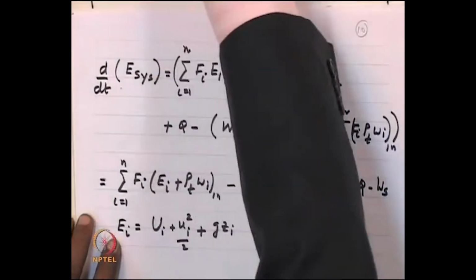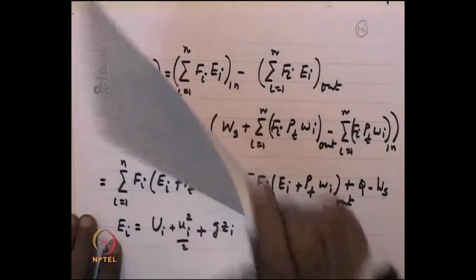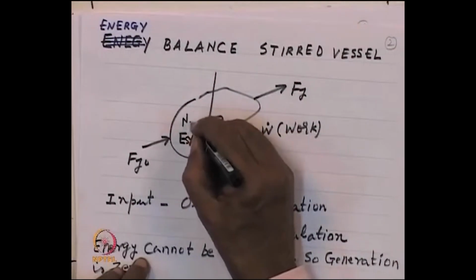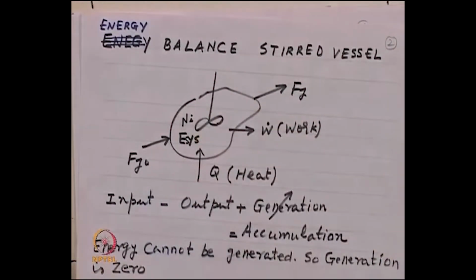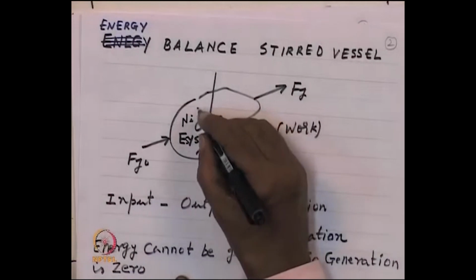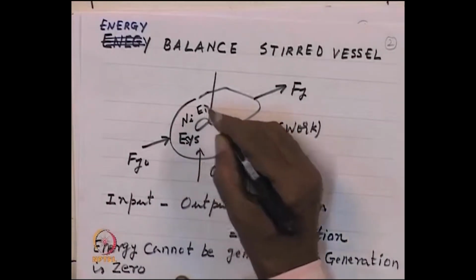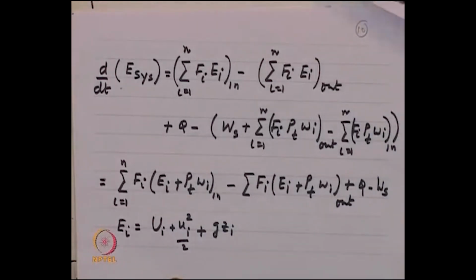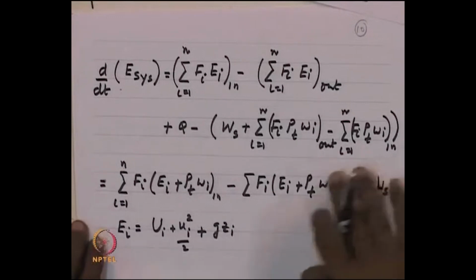The number of moles of component i inside the system we have taken as N_i. Each of these N_i moles has specific energy E_i, and E_i consists of U_i, G_i, Z_i and then small u_i. All that is taken into account and that is how our system now looks like this.